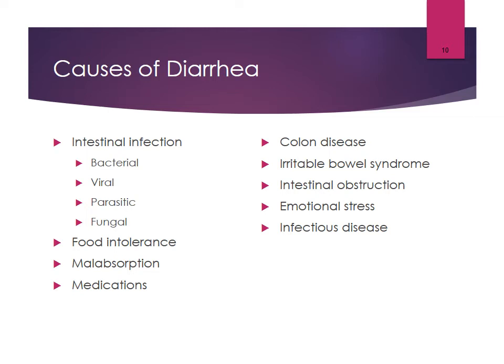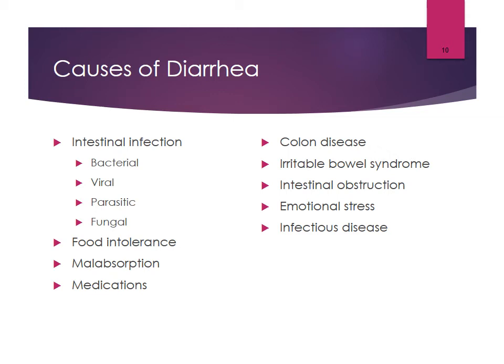So the treatment for diarrhea is to prevent the spread of infection. So good hand washing is paramount. You want to continue feeding a normal diet, that can prevent dehydration, reduce stool frequency and volume, and hasten recovery. So some of those things to consider: giving the child complex carbohydrates, rice, wheat, potatoes, cereal, yogurt, cooked vegetables, lean meats.